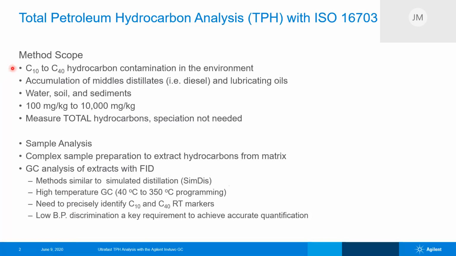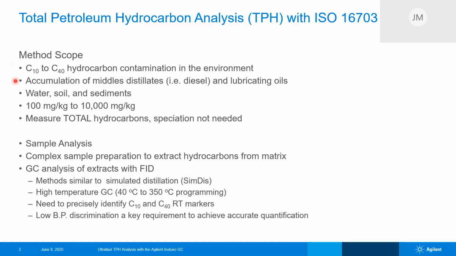For the scope of the method, what it seeks to measure is C10 to C40 hydrocarbon contamination in the environment. This could be a number of different types of samples. Specifically, this hydrocarbon contamination comes from the accumulation of what we call in the energy and chemical industry middle distillates and lubricating oils.